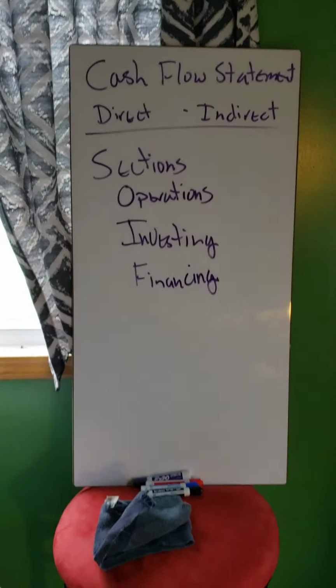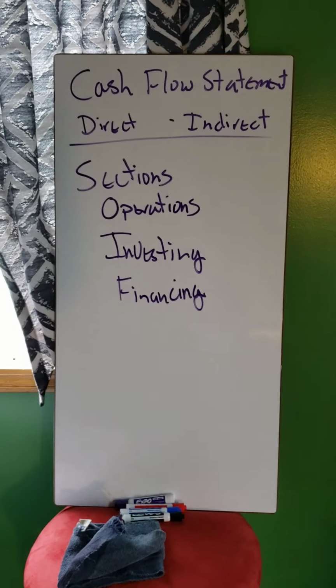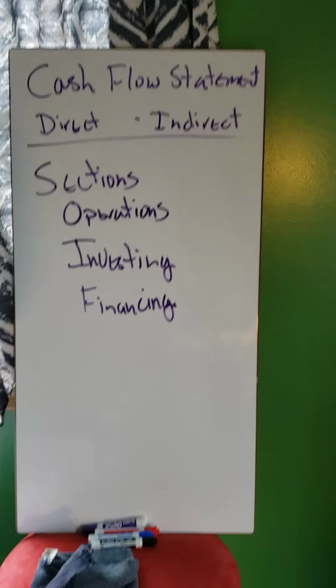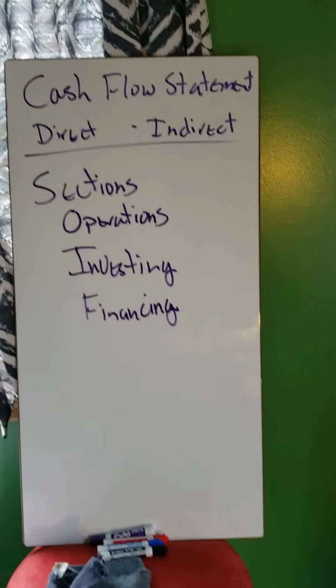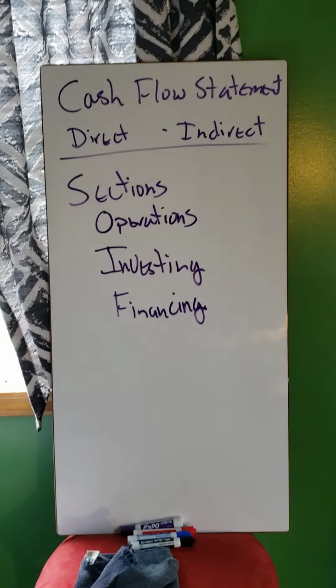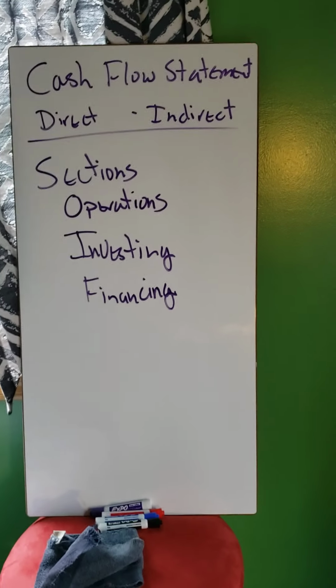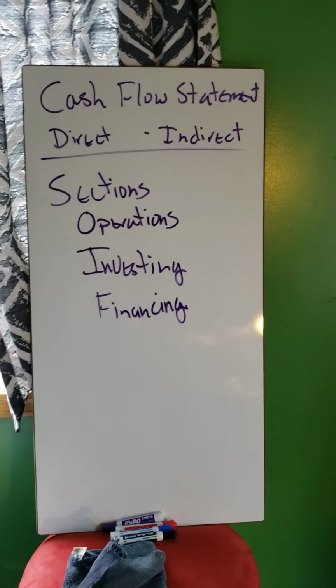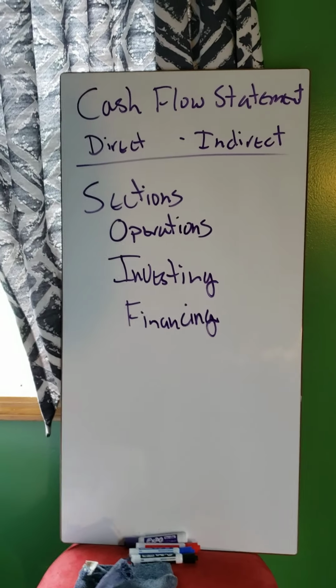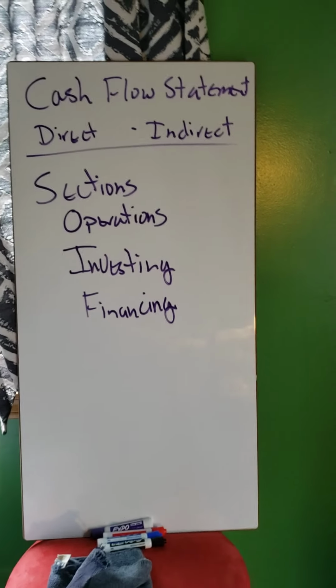The other way to do it, which is the way we'll do it in this class, is the indirect method. With the indirect method, we start with net income and then make adjustments to that income by looking at, for example, the change in accounts receivable.